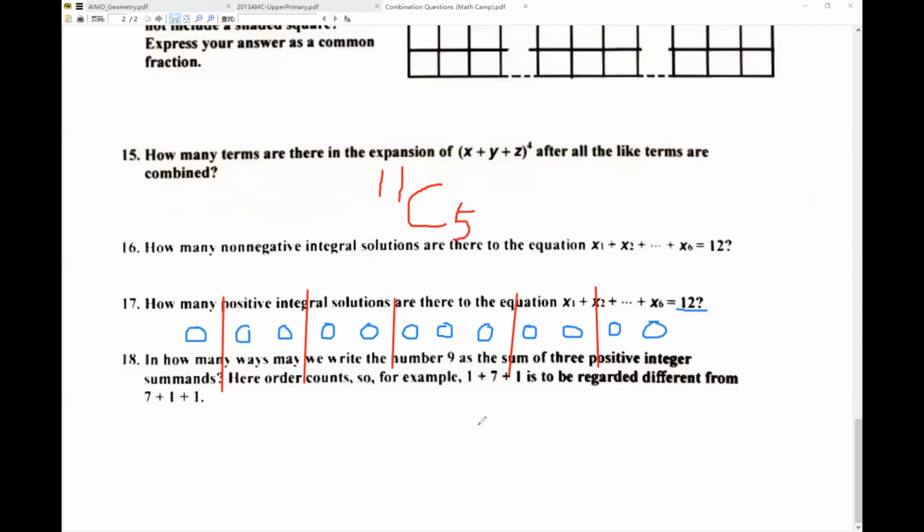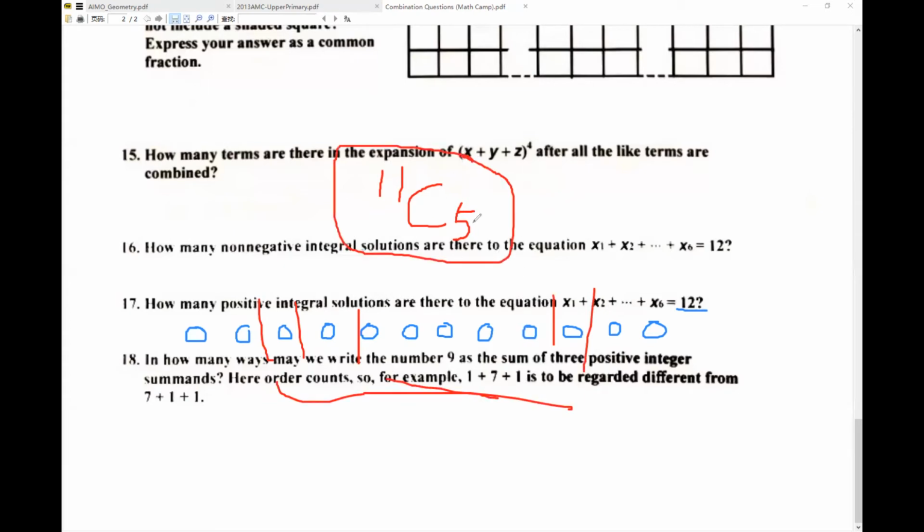I mean, choose 5 from 11. You get it? Just randomly, anywhere. We just find any 5 positions among the 11. This is one combination. This is another combination. You already understand this meaning. That means choose 5 from 11.